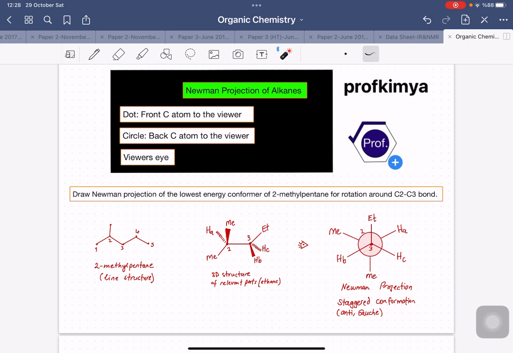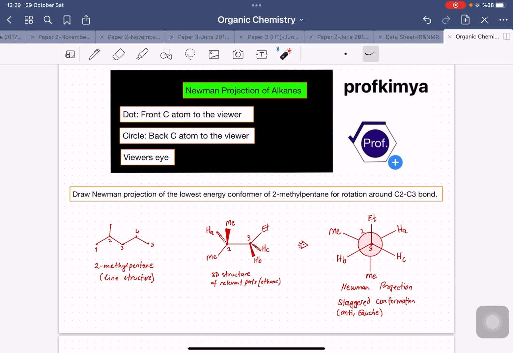Anti means bulky groups are in 180 degrees to each other. Ethyl group on the number 3 carbon is apart from each other on the carbon atom, ethyl group on the carbon atom.